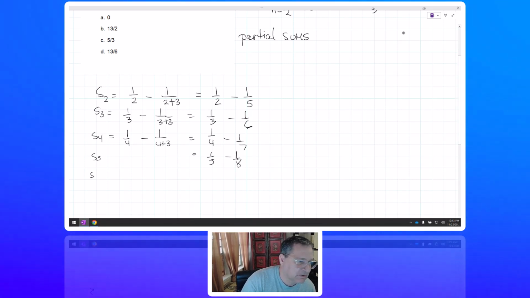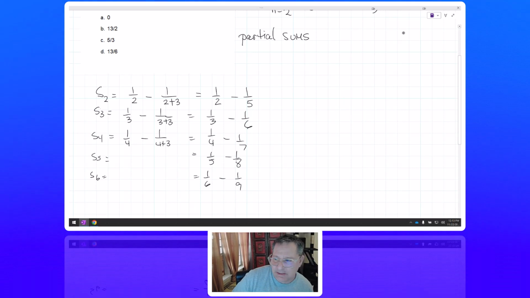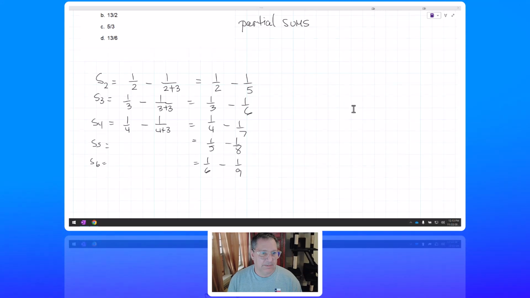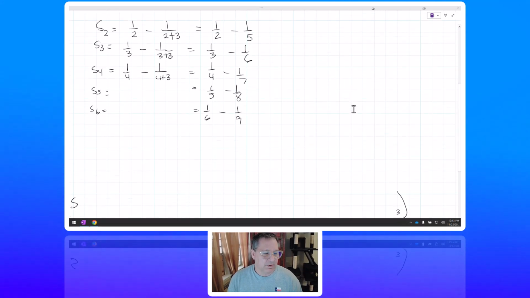The sixth one will be 1 over 6 minus 1 over 9, and so on. So you get a pretty good idea of the partial sums working that way and trying to see how that adds up.